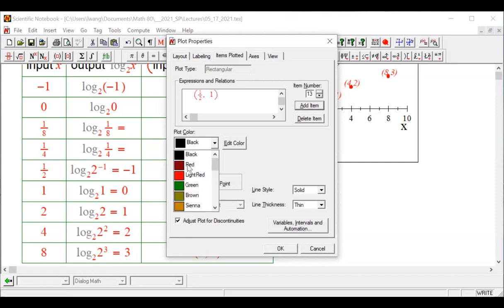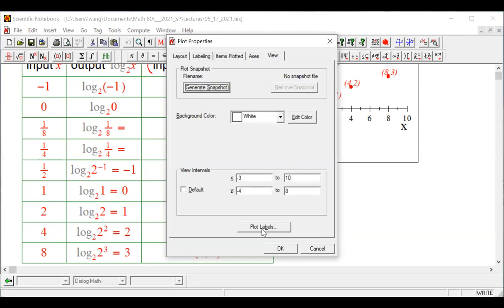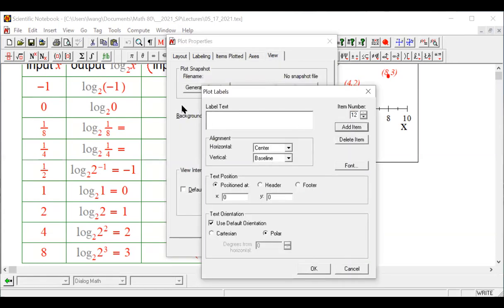It's going to be a red dot right there. Does everybody follow me? Can you put that point on the graph? Mark it.